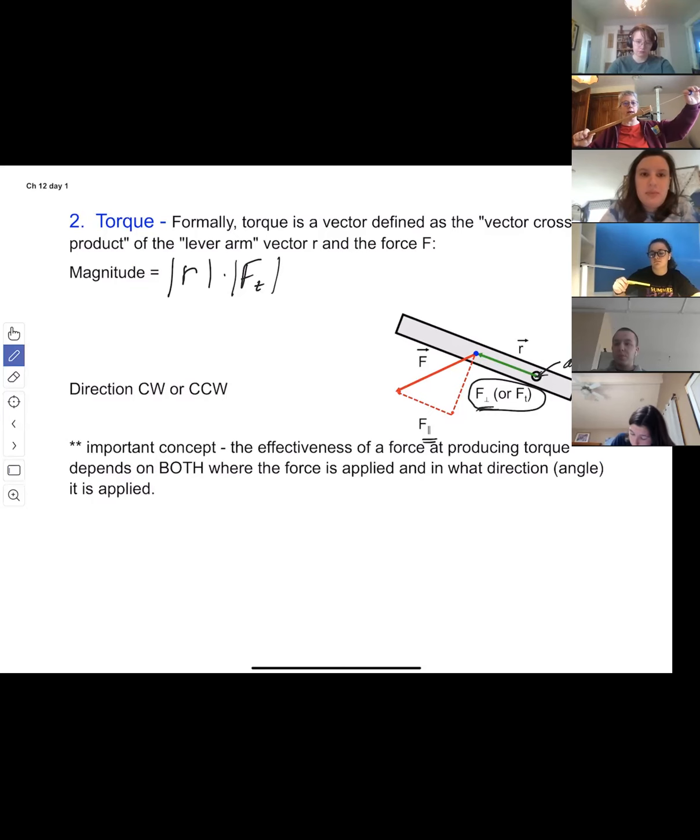If I pull this way, it doesn't do anything about rotating, right? It just maybe might move it off to the side here. But it's most effective here. And then if it's in between, well, its effectiveness is somewhere in between.